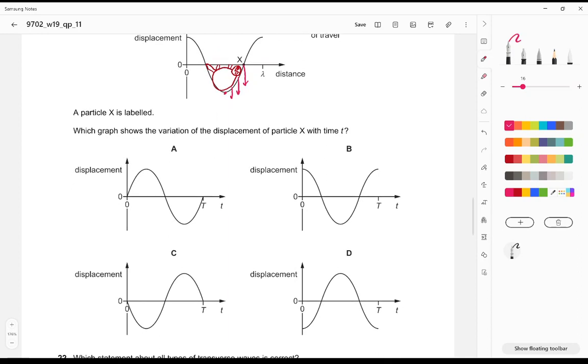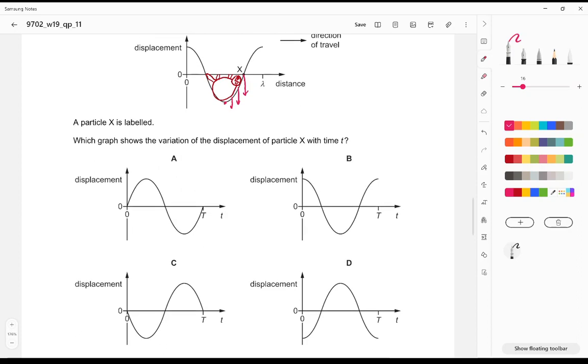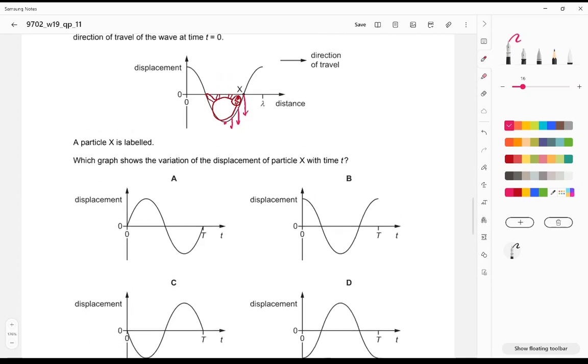So immediately at position x, since it is the mean position, let's look at this displacement distance graph. At x, the particle must be moving down. Which graph shows the variation of displacement? It should be moving down, and the displacement increases.